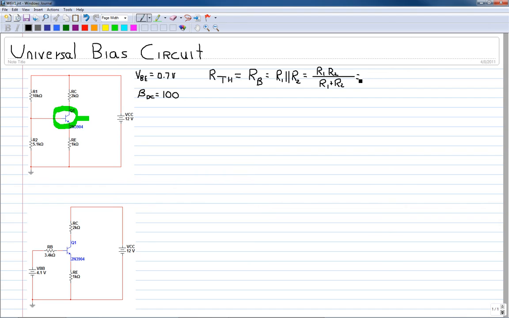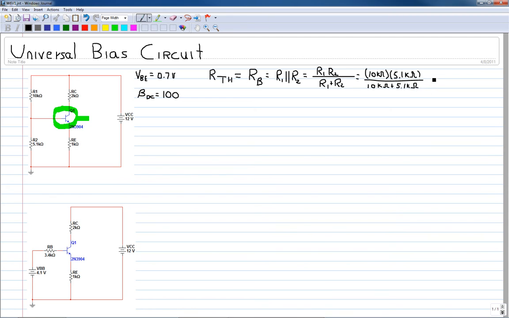which equals 10k ohms times 5.1k ohms divided by 10k ohms plus 5.1k ohms.